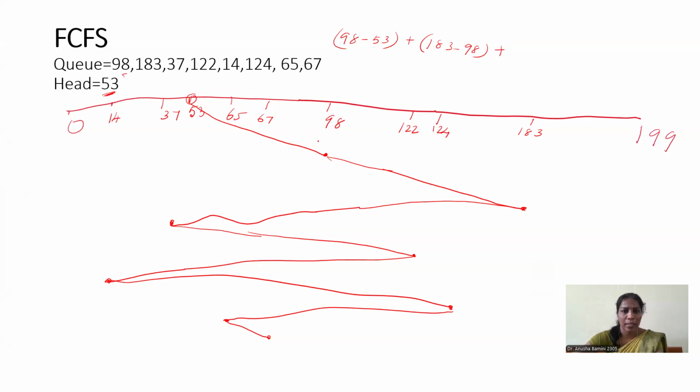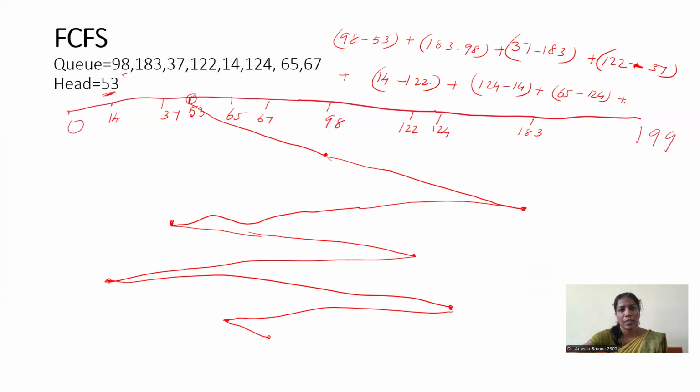After that, 37 minus 183, then 122 minus 37, plus 14 minus 122, plus 124 minus 14, plus 65 minus 124, plus 67 minus 65.